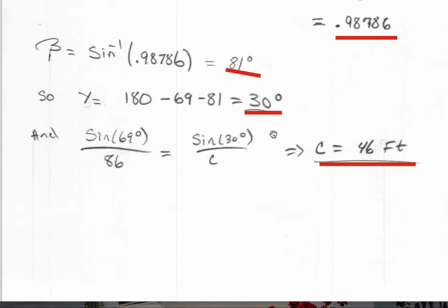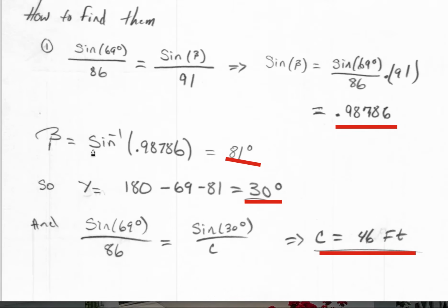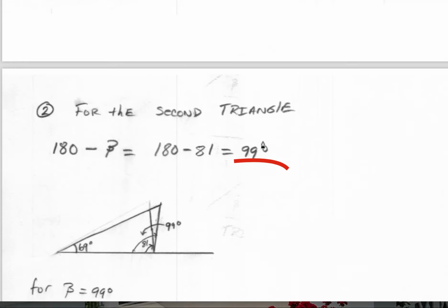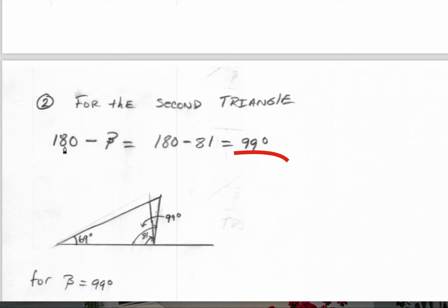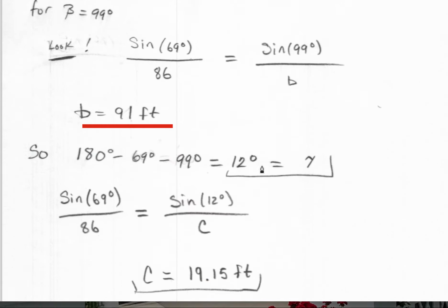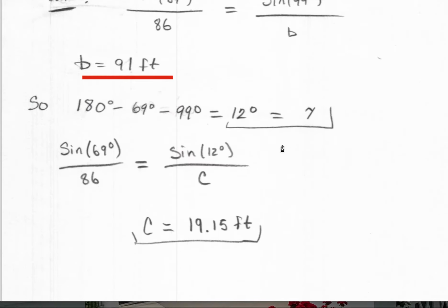We found the first beta by taking the arcsine and getting 81, and then the second beta by taking 180 and subtracting that first beta. How do I find gamma? I take 180 minus the 69 degrees I was given, minus that second beta, 99, and I get 12 degrees.